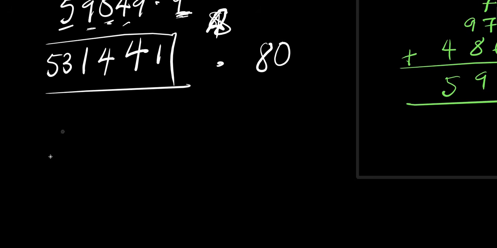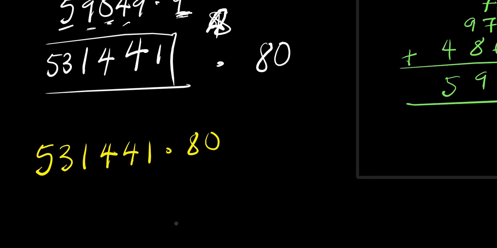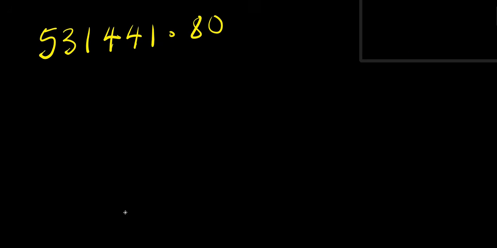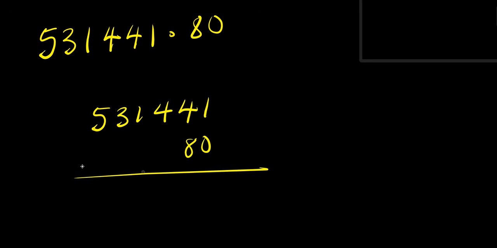So what we have here is 531441 times 80. Let's multiply this out. 531441 times 80. We are going to start by making use of 0 to multiply everything first. 0 times 1, 0, 0 times 4, 0 times 4 again, 0 times 1, 0 times 3, 0, 0 times 5, we have 0.